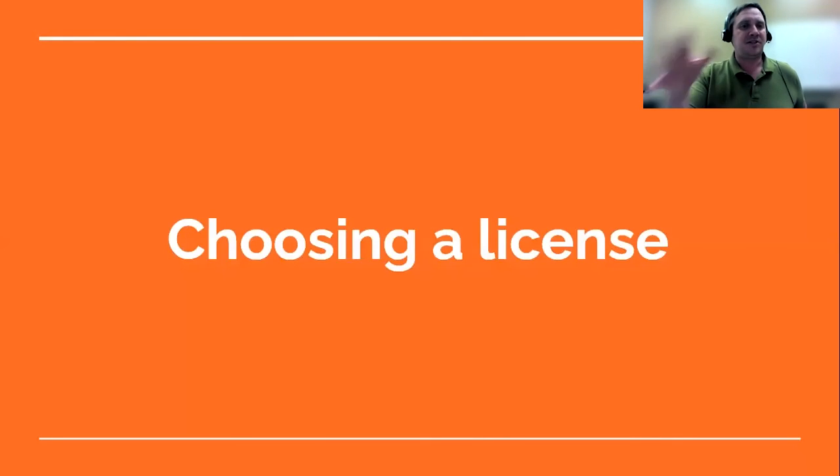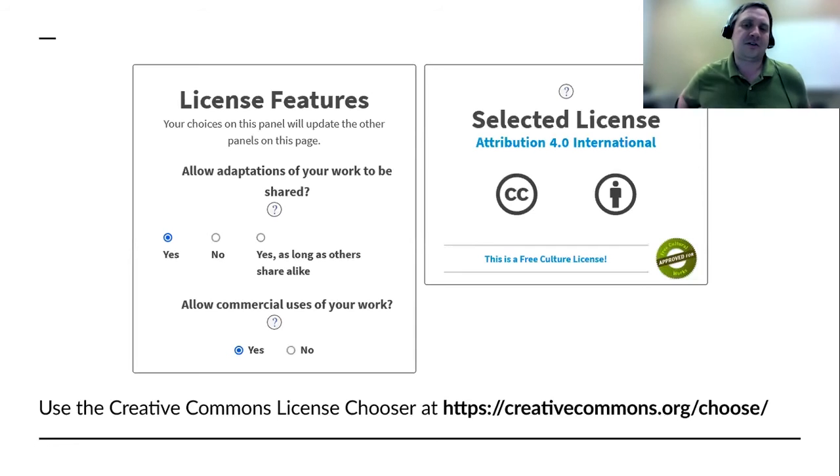So if you had created an item, how do you choose a license? The first thing that you can do is go to the Creative Commons website, and there's a wizard there called the license chooser. This walks you through some simple questions, the same types of questions that I asked at the beginning: are you okay with people changing your work?